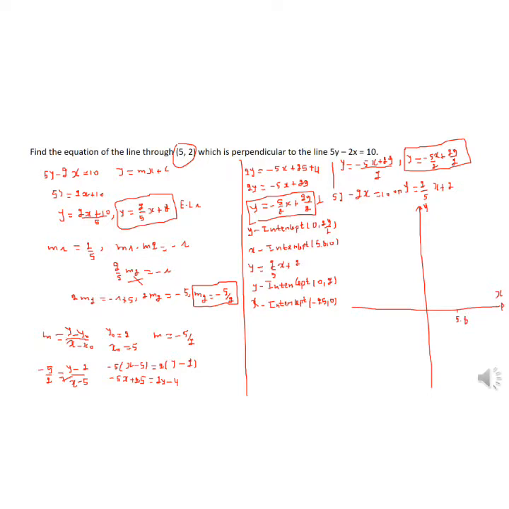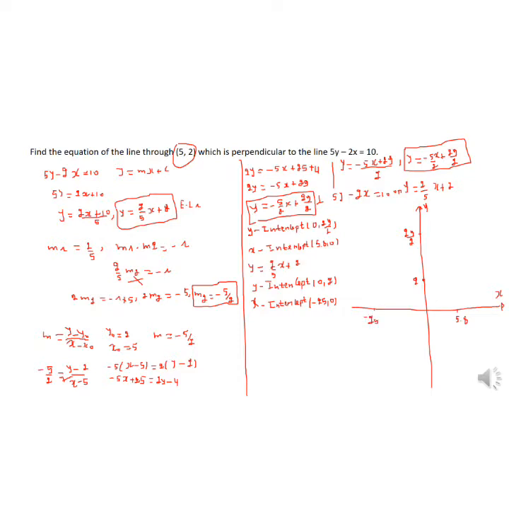Another point you have is 29 over 2. Another point you have is 0 and 2, it is here. Another point you have is negative 25. Let us put negative 25 here.